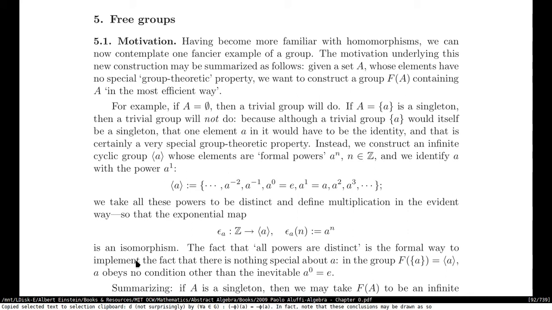So what you do to have a group is that you construct an infinite cyclic group from this element A, right? And these elements are formal powers, A to the n. So you take powers over integers n, right?